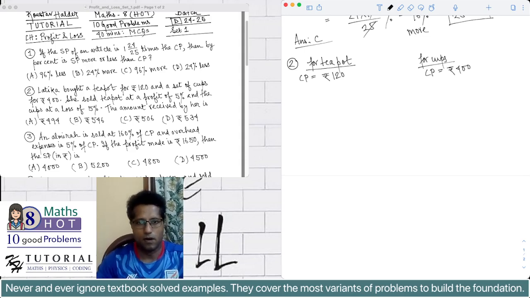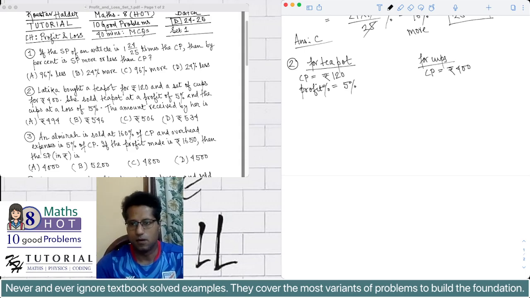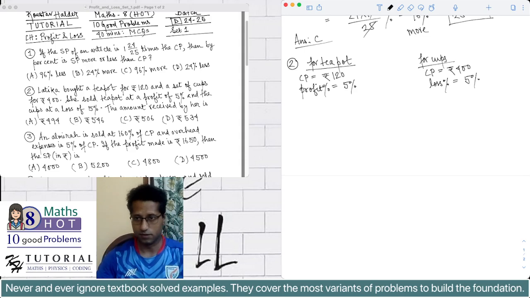Now for the teapot, she sold it at a profit of 5%. So for the teapot, we have profit percent equal to 5%, and for the set of cups, the loss percent is 5%.